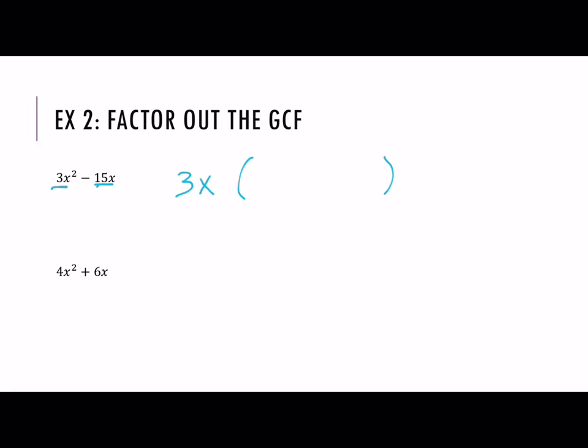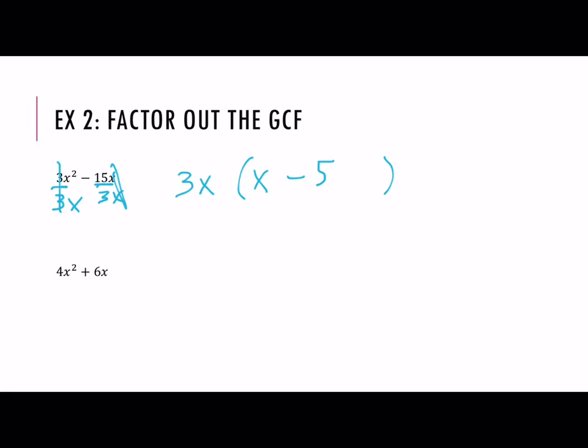And then you would write that outside of a set of parentheses, and then you want to see what's left when you factor out the 3x. So what we mean by factor it out is divide each of these terms by 3x. When you divide 3x squared by 3x, the 3's will cancel, and the one of the x squareds in the numerator will cancel with the one in the denominator, and that leaves you with just an x. And then when you divide negative 15x by 3x, the negative 15 divided by 3 becomes 5, and the x's cancel out.